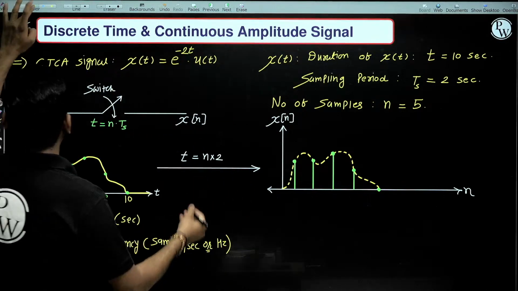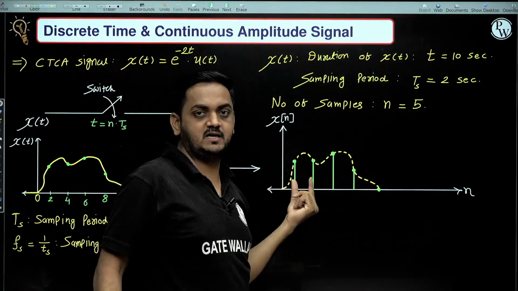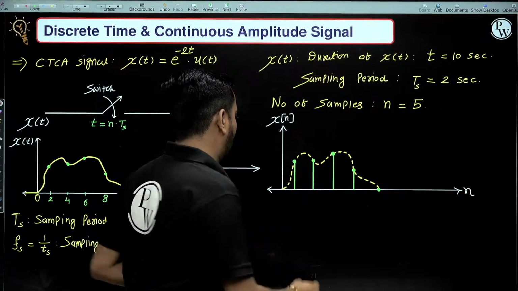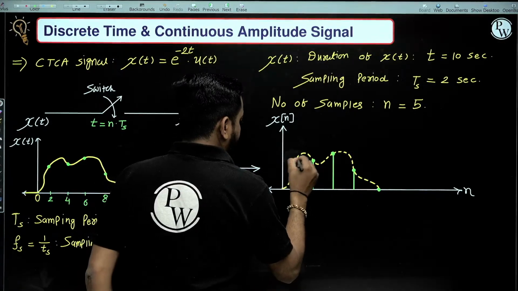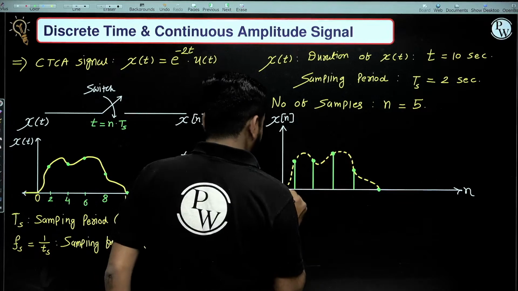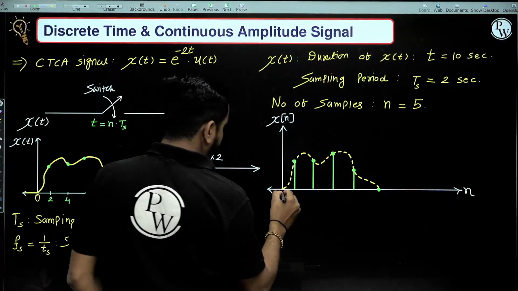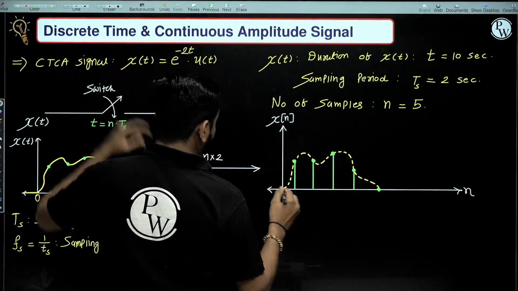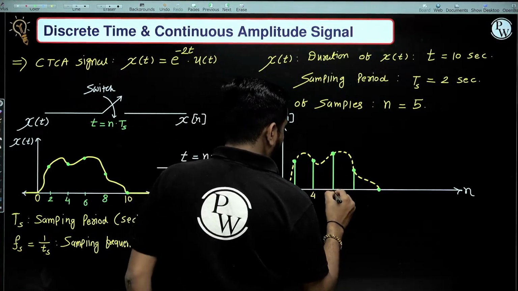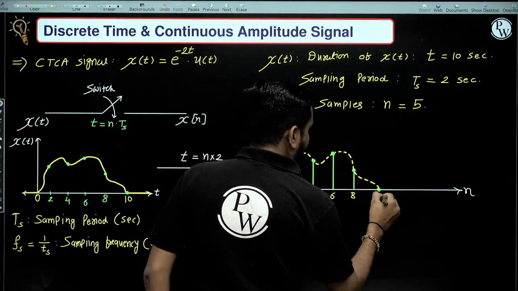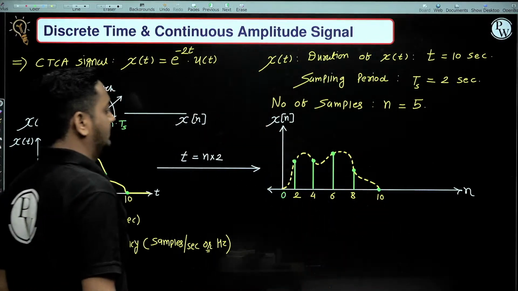These are the discrete time signals, represented by a vertical line and a dot, and we can take the amplitude as shown here.